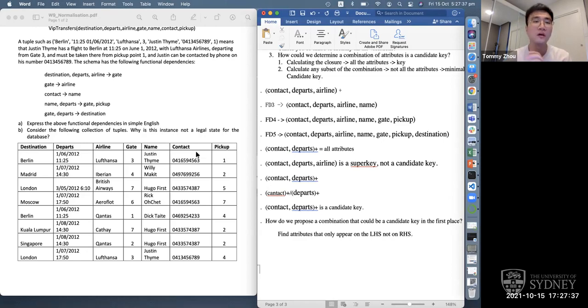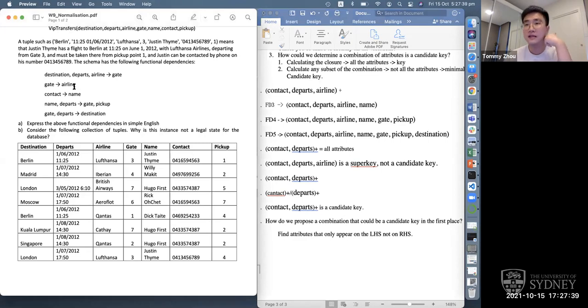Think about it. If you're looking at these FDs, and there is an attribute that only appears on the left-hand side but not on the right-hand side, what does it infer? That means that particular attribute cannot be inferred from other attributes, right? Make sense?